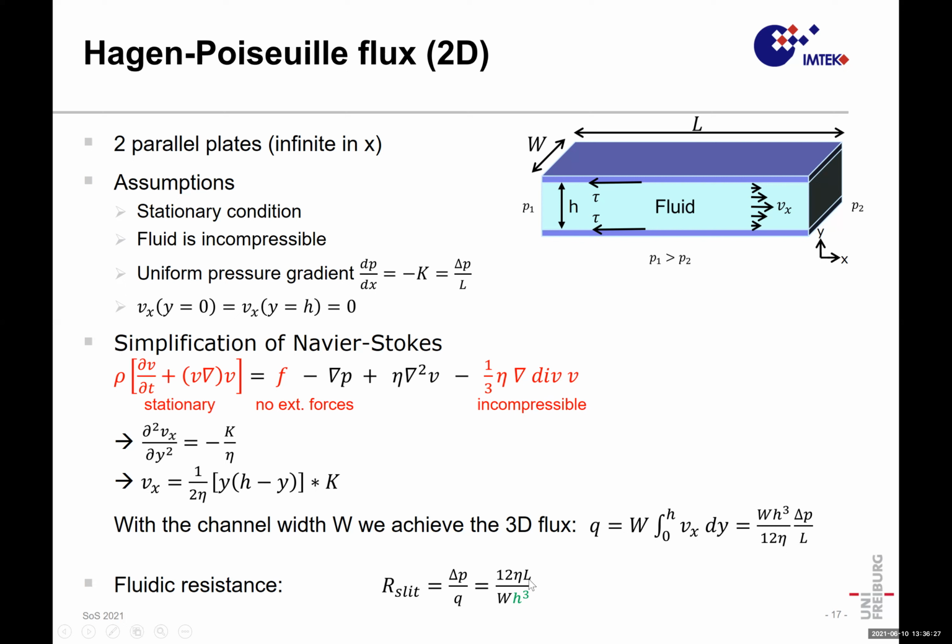Of course, the longer the slit is, the higher the resistance, but inverse proportional to the width of it and the height to the third. So this tells us already if we have tiny channels, we will get into trouble, because then these fluidic resistances get high, and they are important to define bandwidth and noise of a microphone.